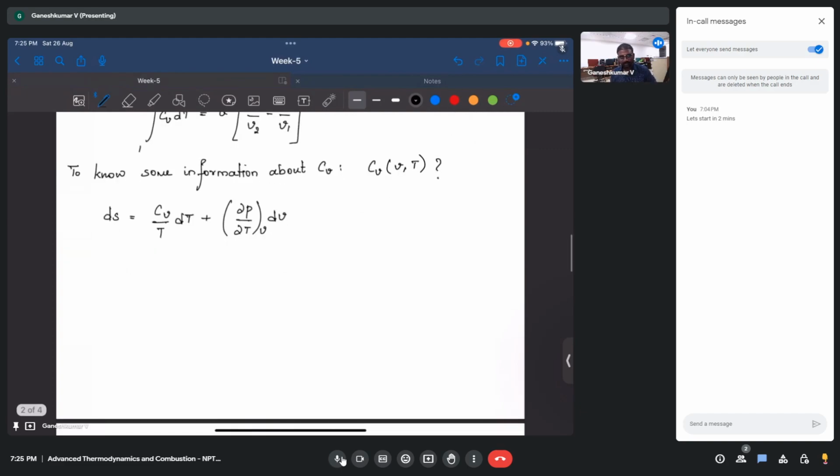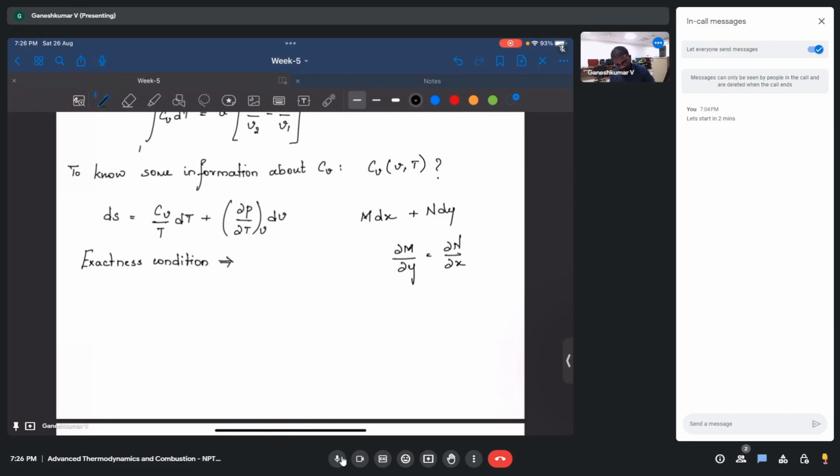Now we know that this is an exact differential, right? So we use the exactness condition, and if we use that, we can get some idea about Cv. What does the exactness condition say? This is in terms of M dx plus N dy, right? If that is the case, then dou M by dou y should be equal to dou N by dou x.